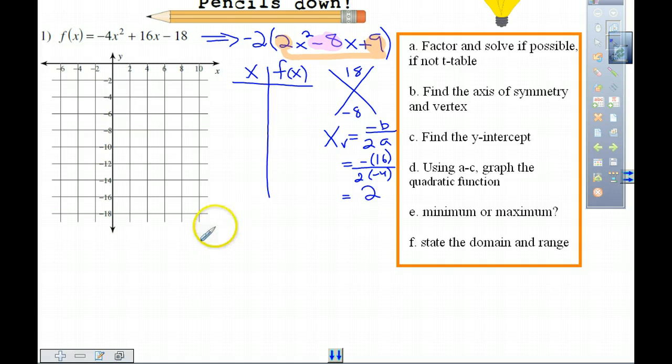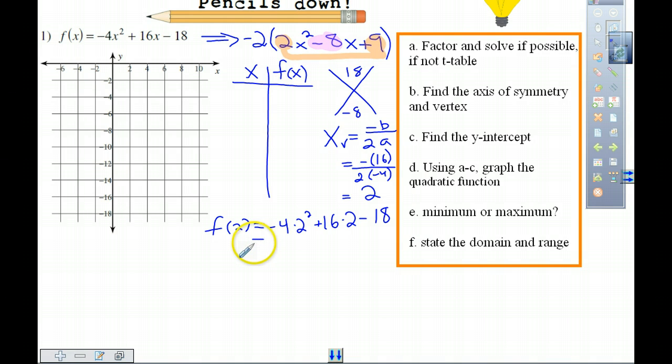Now find F of 2. Negative 4 times 2 squared plus 16 times 2 minus 18. The original equation. Yes, it has to be on the original equation. Plug it back in. Alright.